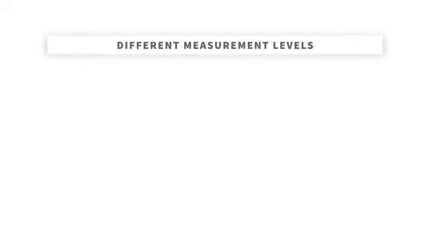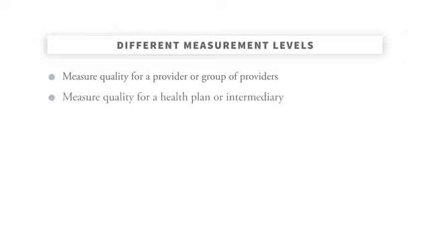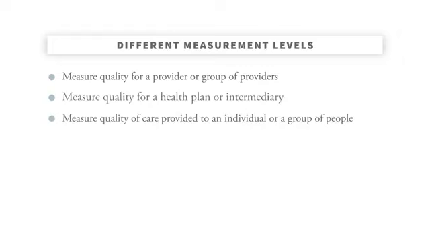When we talk about measuring quality, one thing we always need to keep in mind is whose quality we're measuring. There are some common areas of focus. One is providers. One could measure the quality of a hospital, for example, or a physician group, even in theory, an individual physician. Another area is intermediaries. We could measure the quality of a health plan, for example. And a third, more generally, is population measurement, or measurement for larger groups of people.